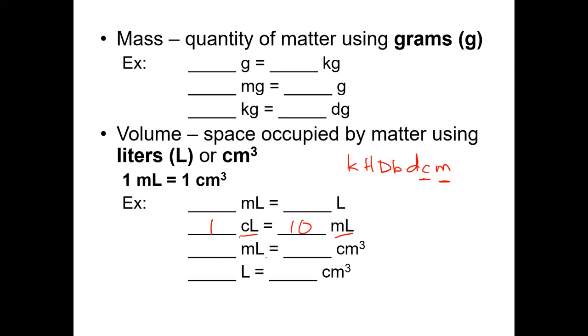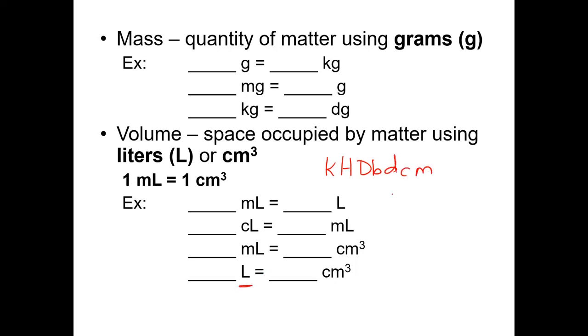All right, for this next one, I've got a milliliter, and I'm asking you to change that into centimeters cubed. So what I'm asking you to do right here is remember that 1 milliliter is equal to 1 centimeter cubed. Okay, we're going to apply that same information down here for our last example. I'm going to go back and redraw my King Henry died by drinking chocolate milk.